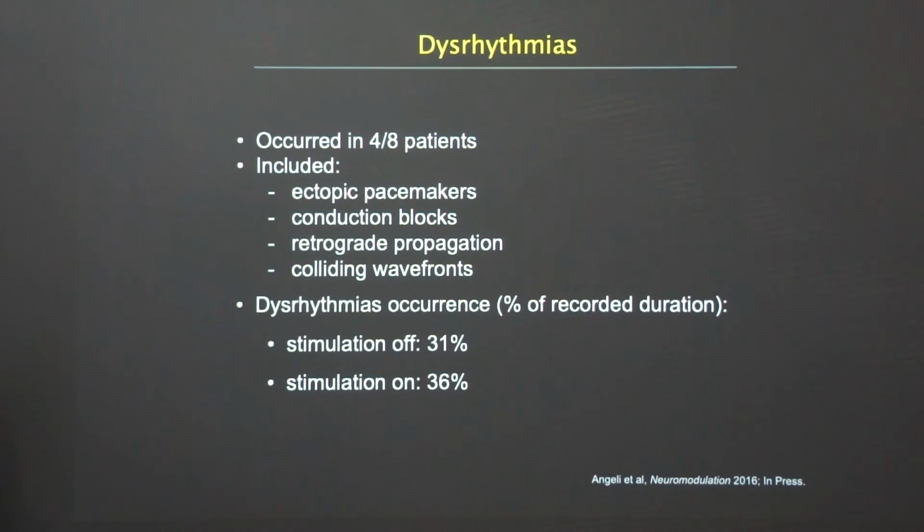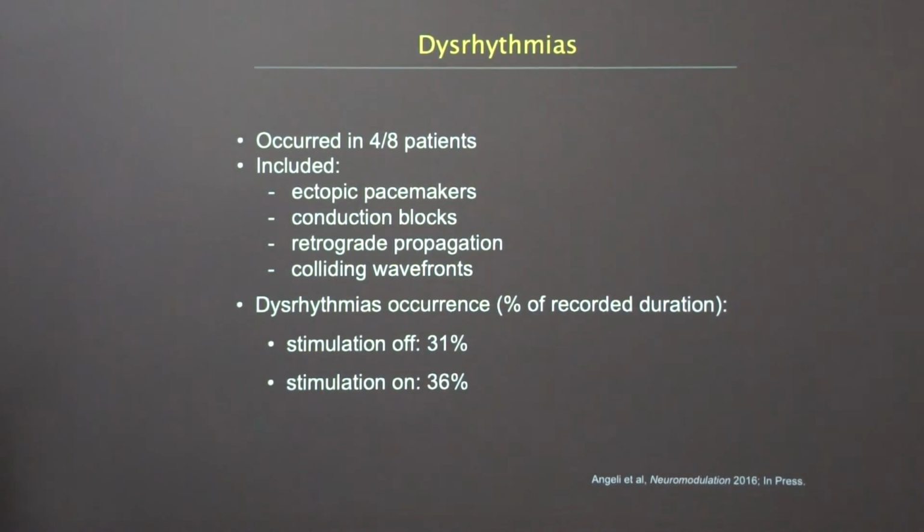Now, across the cohort, dysrhythmias were observed in half of the patients. They included the standard forms of dysrhythmia that we had previously classified in our baseline data. But importantly, the occurrence was similar between periods when stimulation was off and on. So it appeared that not only did this device not change slow wave activity or quantitative characteristics, but it also did not change the occurrence of dysrhythmias.